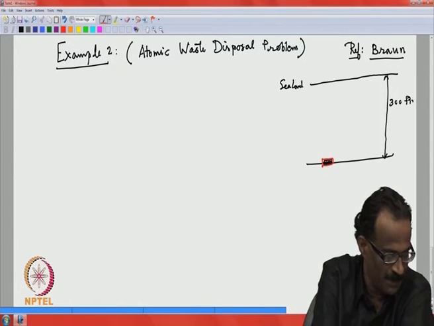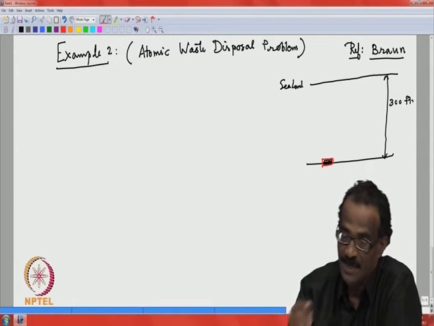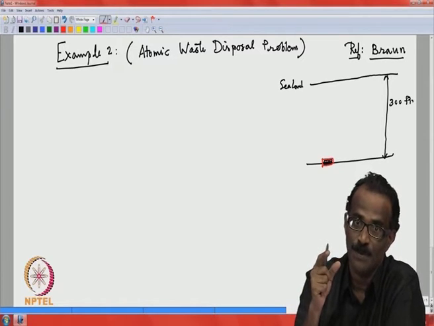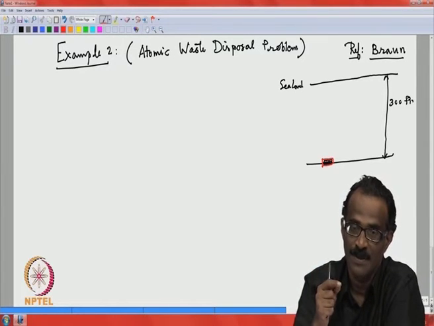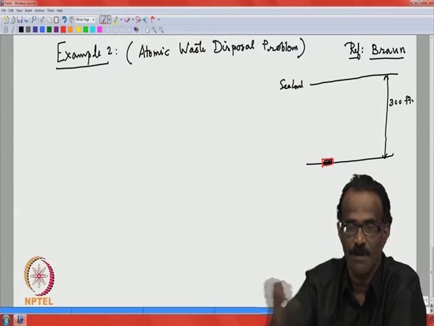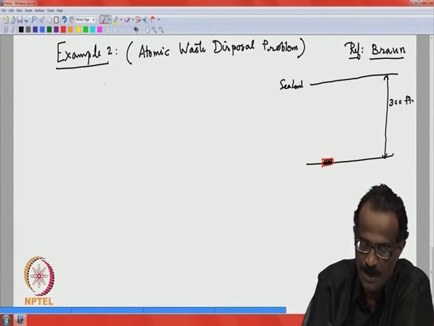So, this problem was given: how do we understand it? Through this problem you can see that even how you attack the problem is important. As I said earlier, getting the solution itself may not actually solve the problem you have set out to solve. So, let us calculate.